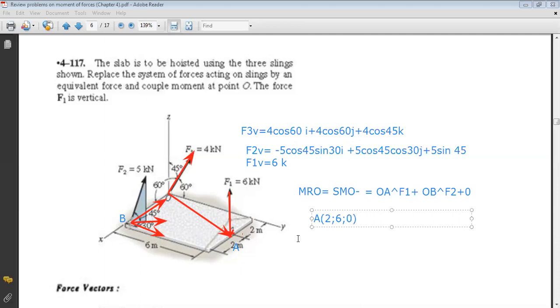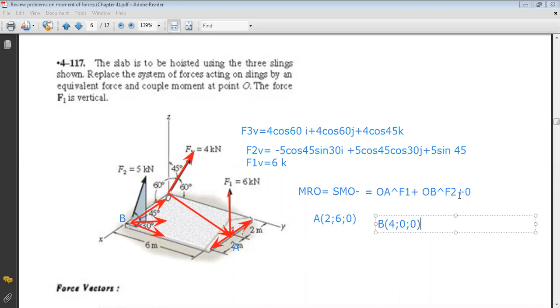While point B is on the x-axis at a distance of 4, because this distance here is 4. So for B it's 4, 0, 0.